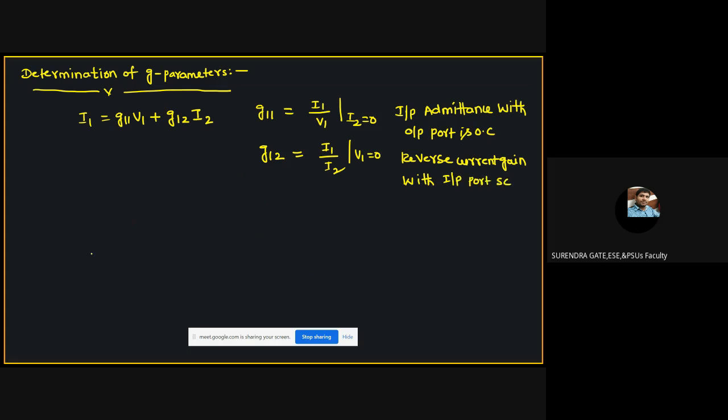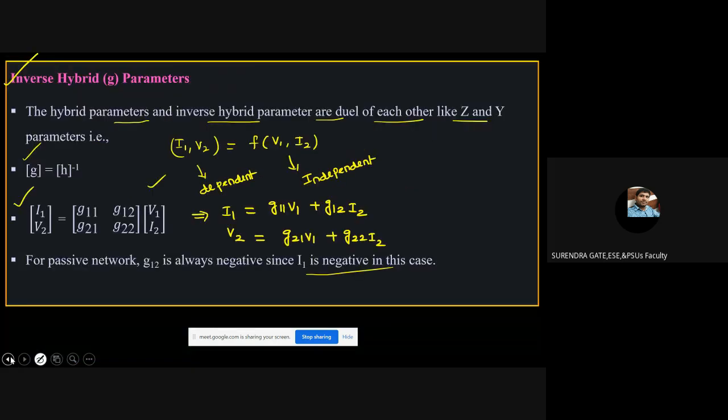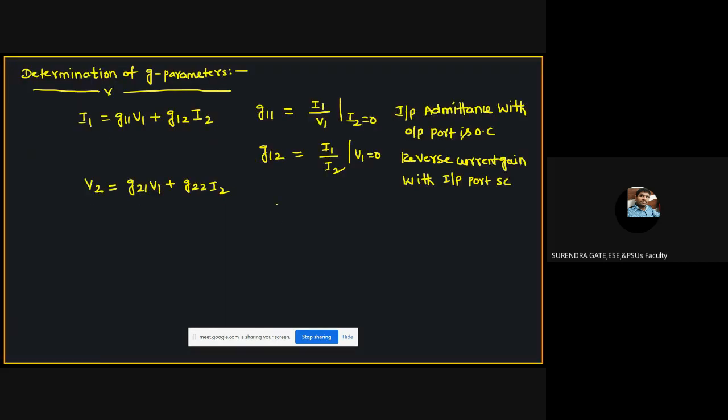Next, one more equation is which one, students? V2 equals G21 V1 plus G22 I2. Is it correct? Then from this, what is G21? G21 equals V2 by V1 with I2 equal to 0.